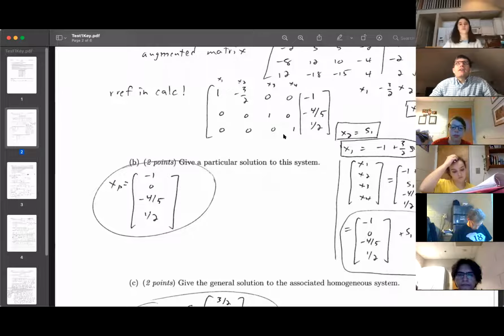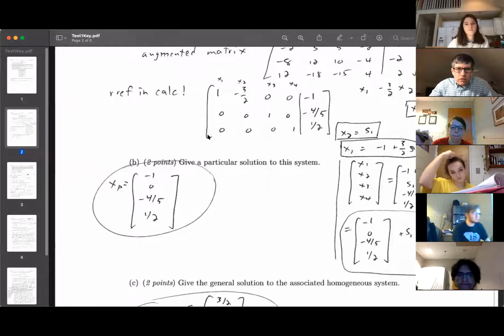Can you guys see my screen? Yes, hopefully. It's got the test 1 key.